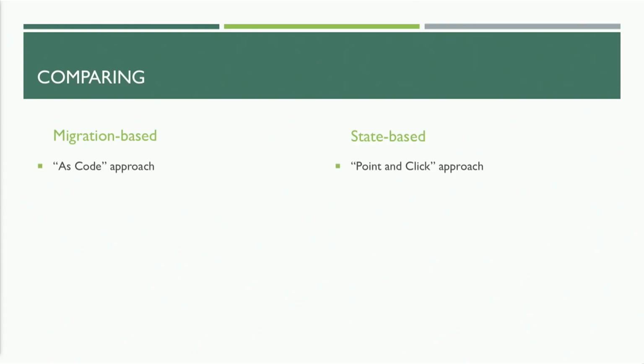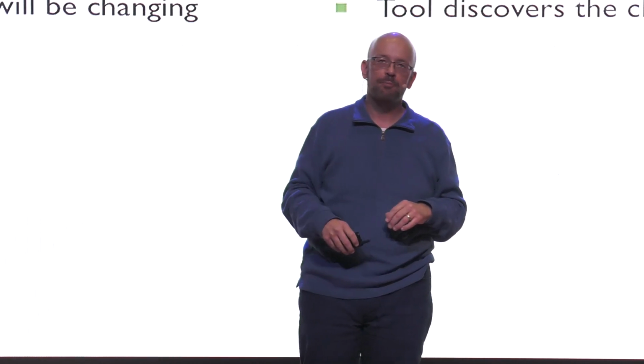Migration is primarily an IaC code-based type of approach. State-based is more point and click. Migration requires somebody to intentionally write and develop SQL and DB engine specific code. State-based usually relies on a tool to have that knowledge and to do the right thing for whatever database you're dealing with.